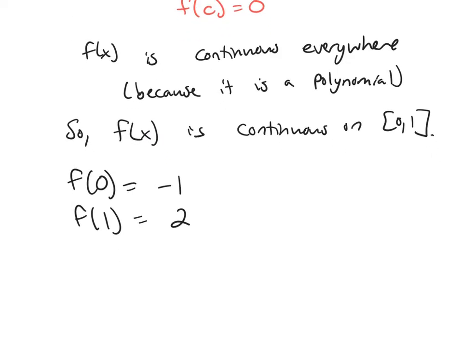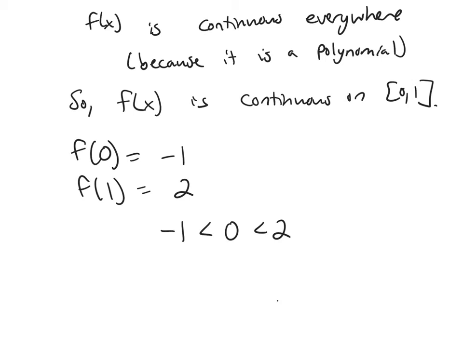So I'm looking for a number between them. In particular, 0 is between those two numbers, -1 and 2. So this would be your k value.